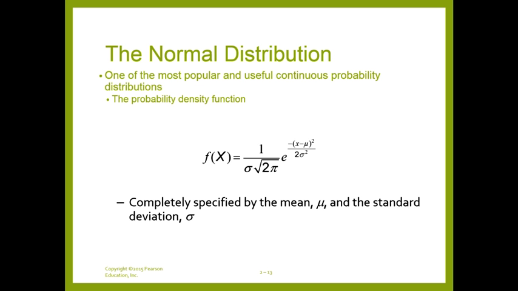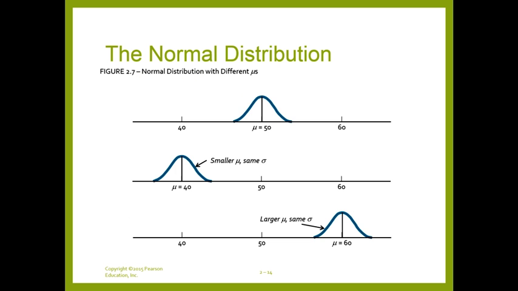Okay, so a normal distribution is going to follow this format here, and you can create this formula to see what the density function is. But you can graphically represent similar distributions, even though the mu, or the mean, is different between each of them.